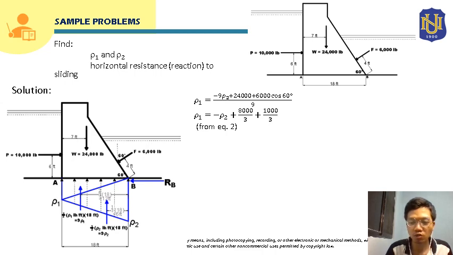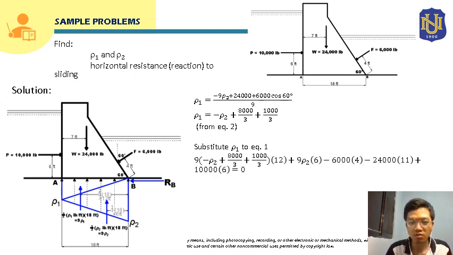So we're going to substitute this rho 1 to our equation 1. So substituting rho 1 to equation 1, that will become 9 times negative rho 2 plus 8,000 over 3 plus 1,000 over 3, times 12. So this is rho 1. Plus 9 rho 2 times 6 minus 6,000 times 4 minus 24,000 times 11 plus 10,000 times 6 equal to 0.